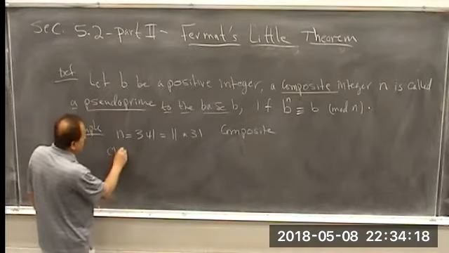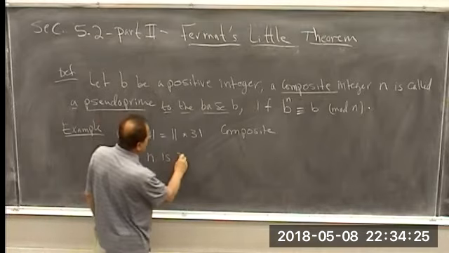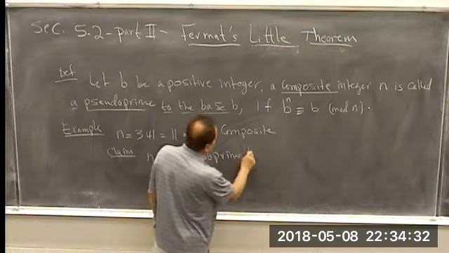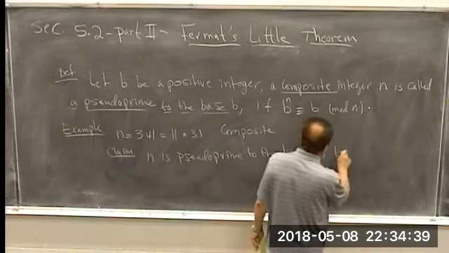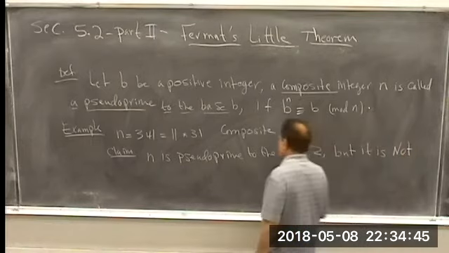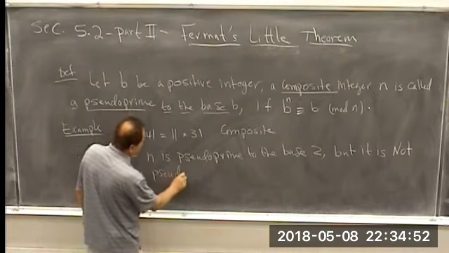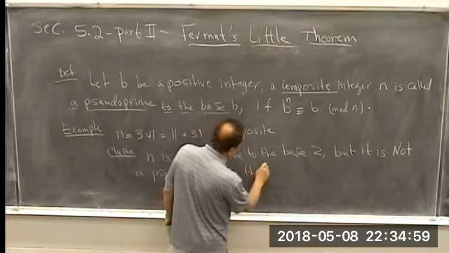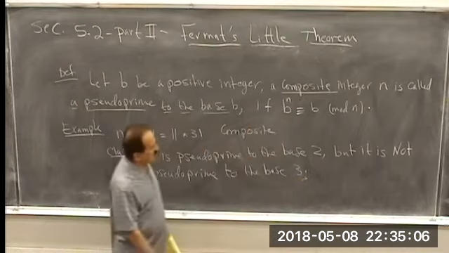I claim that N is a pseudoprime to the base 2, but it is not a pseudoprime to the base 3, and many others as well. But I will show it for 3.